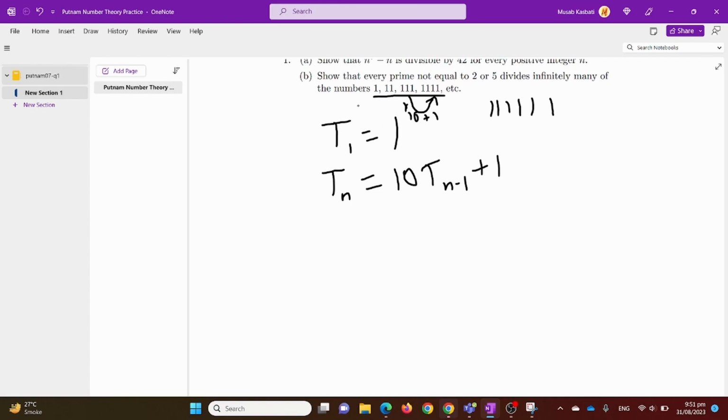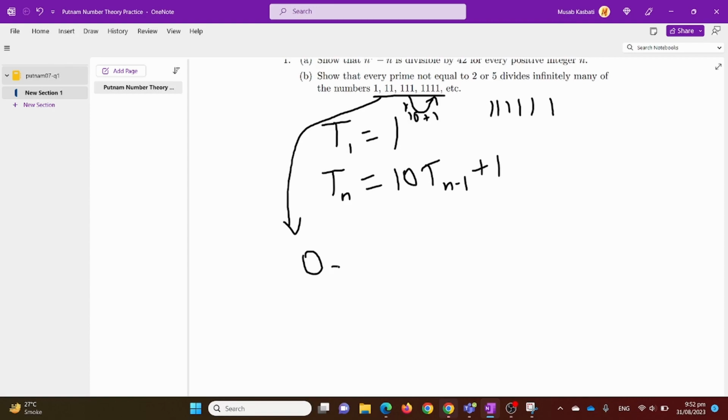But before I do anything fancy, I want to make a small comment. I don't like this statement in particular. So I'm trying to replace this with a statement that every prime divides infinitely many terms of the following sequence.